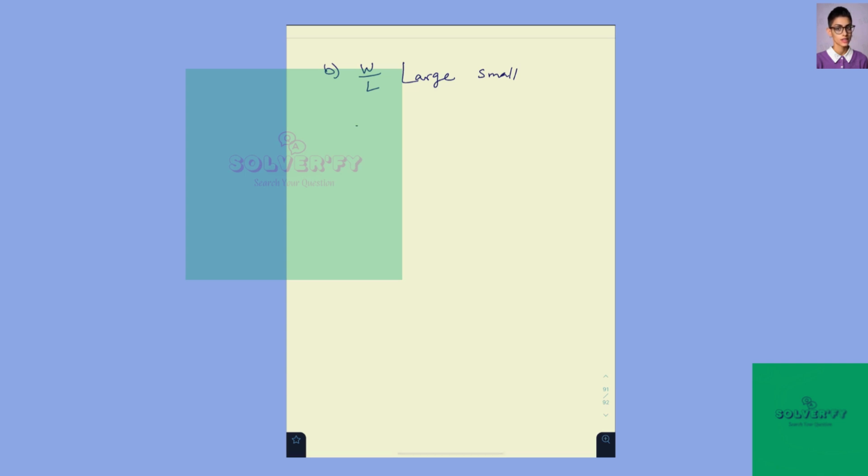So what we have is that E equals W times the square root of x squared plus 25 plus L times 13 minus x.